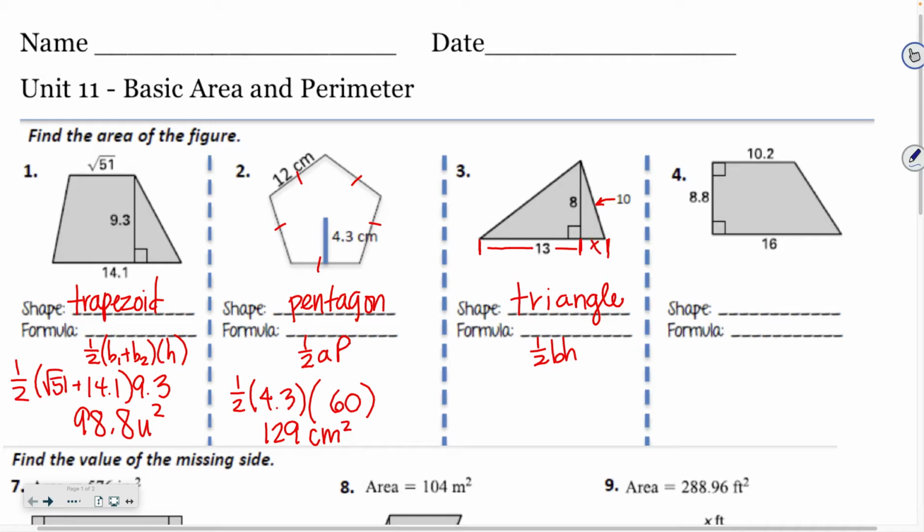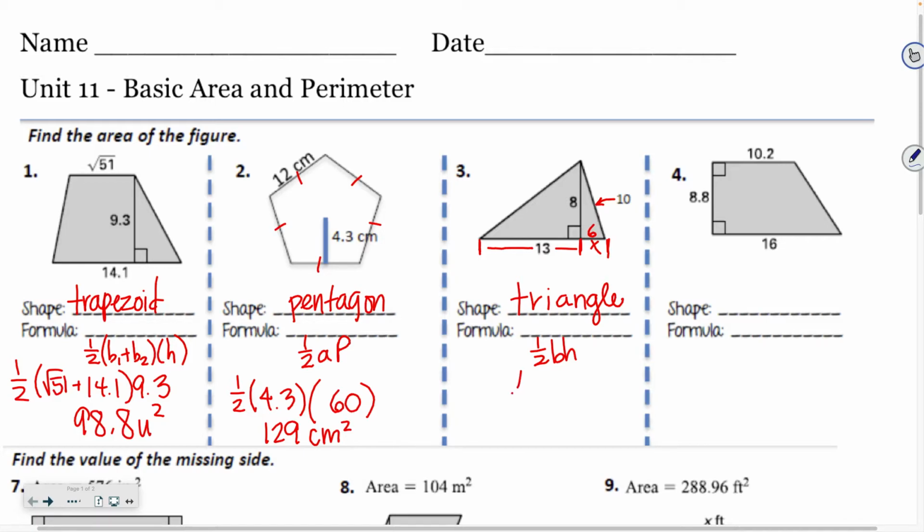I'll call that X. Pythagorean theorem. So we're going to be moving from area and perimeter like we did in 5th and 6th grade to we're going to have to use things we learned this year. Okay? So Pythagorean theorem, I know the answer is 6, so I'm just going to go with it for time's sake. So if I do Pythagorean theorem, I get that this length is 6.